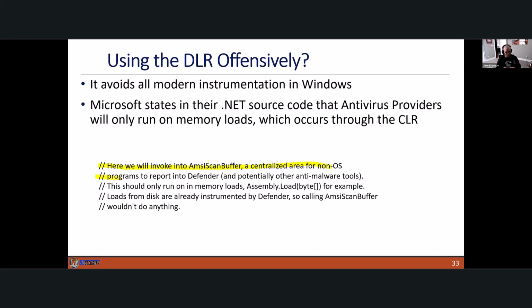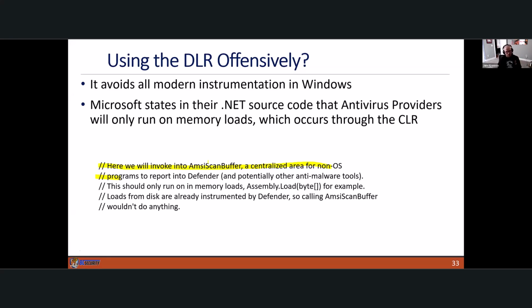When you load assemblies, the just-in-time compiler also does some things for traditional C# assemblies, and some ETW events are triggered, but the DLR doesn't trigger those because it's using a different compiler, so it doesn't use those same ETW events.